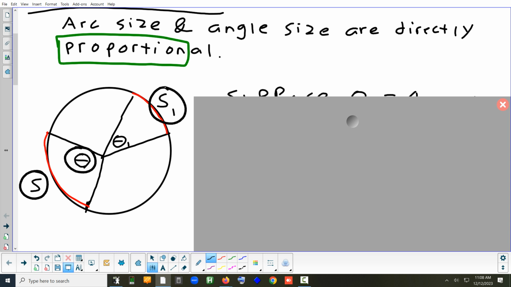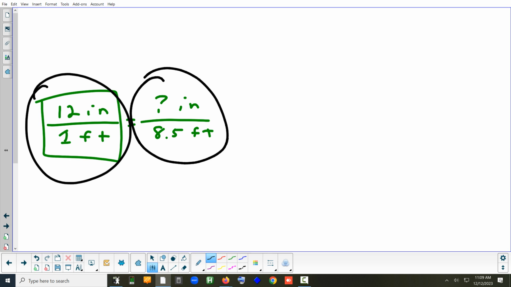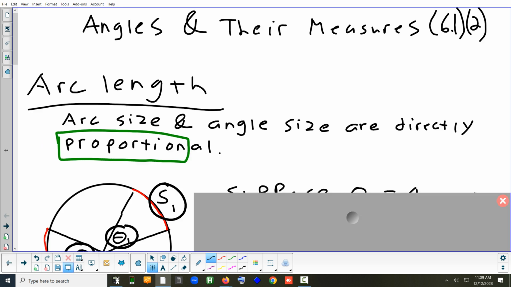S1 is another arc, and theta 1 is the angle that makes that one. If we can figure out one of these, then we can automatically figure out the other one. It's kind of like if we can figure out one side, you can automatically figure out the other one. Okay, you just need to be able to figure out one side first.